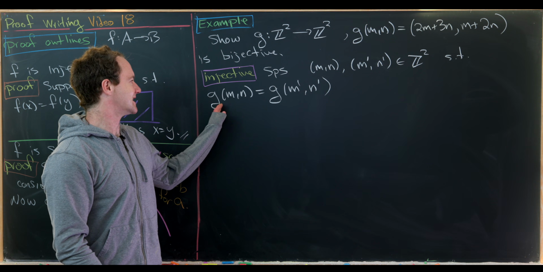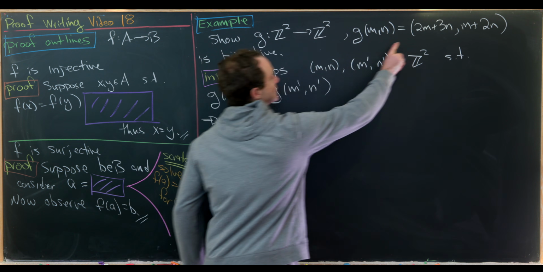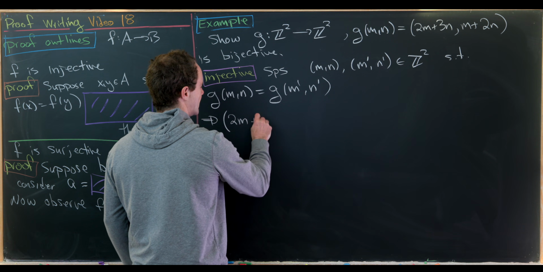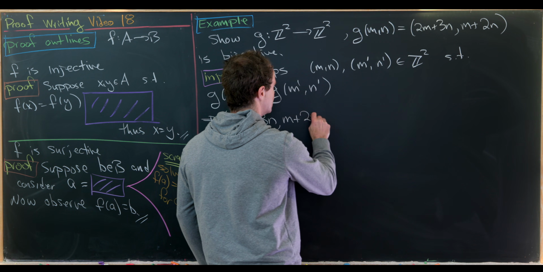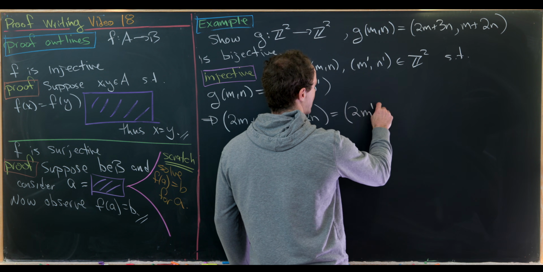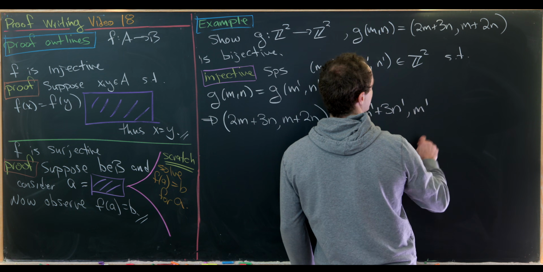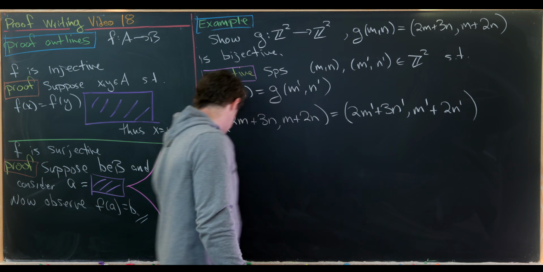Okay, so let's notice that this equation right here turns into the equation involving the outputs. So we have (2m plus 3n, m plus 2n) is equal to (2m prime plus 3n prime, m prime plus 2n prime).